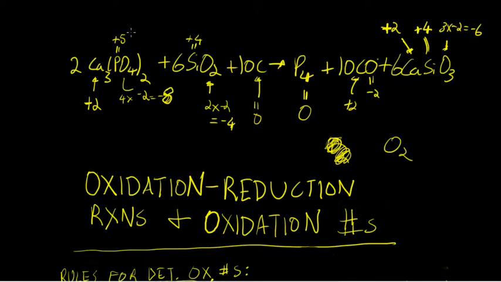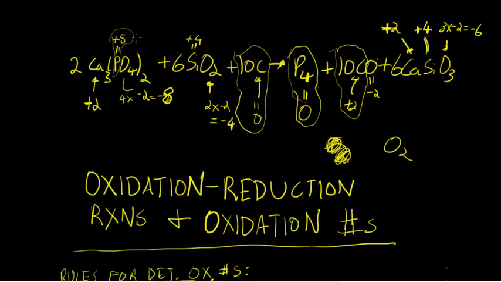Okay, so now we look at which atoms end up changing their oxidation number. If we look carefully through everything, we'll see that phosphorus, on the reactant side, has an oxidation number of +5, and on the product side has an oxidation number of 0. Then we look at carbon. On the reactant side, it has an oxidation number of 0. On the product side, it has an oxidation number of +2.